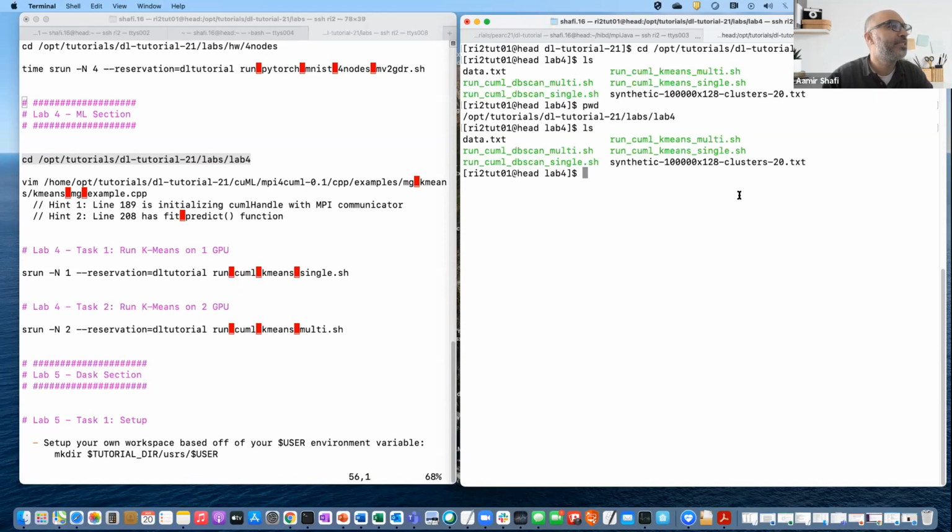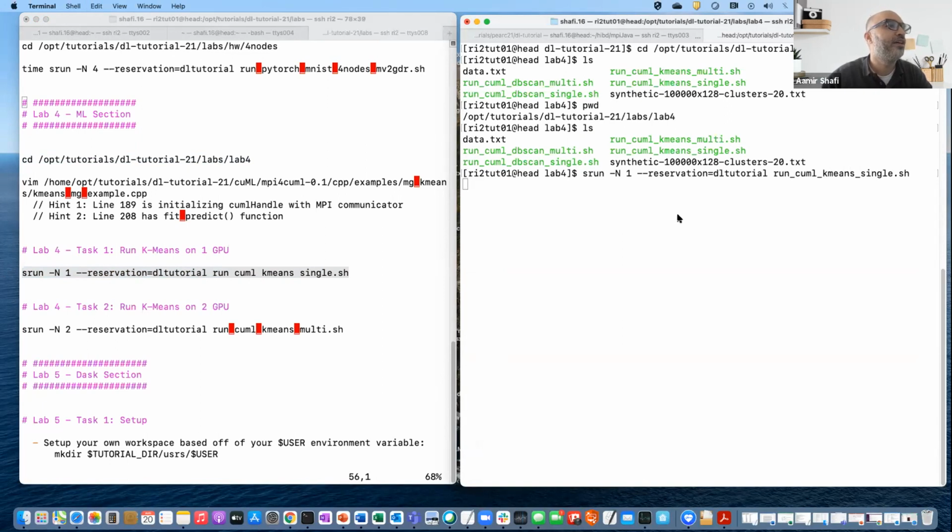Here you will see a bunch of scripts that can be used to launch the different applications. I will take the command for task 1. In this task 1, I'm running the k-means algorithm on 1 GPU. I will just run it.